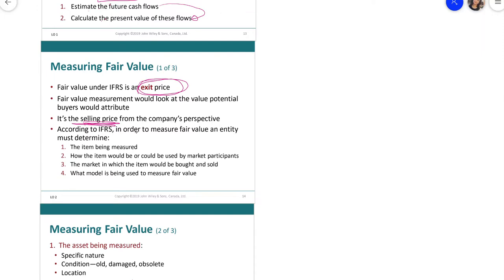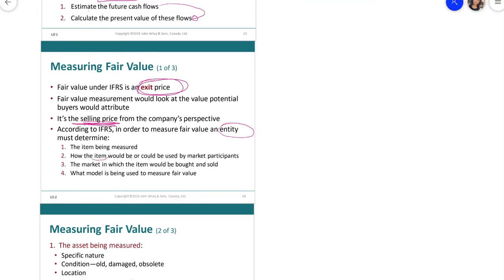According to IFRS, in order to measure the fair value of an entity, that is, of the company, we look at the items being measured and how these items would or could be used by the market. An entity is a company. So if you were to sell that company, of course in the company we have some kind of assets, and we look at how these items would be or could be used by the market in which the item would be bought.